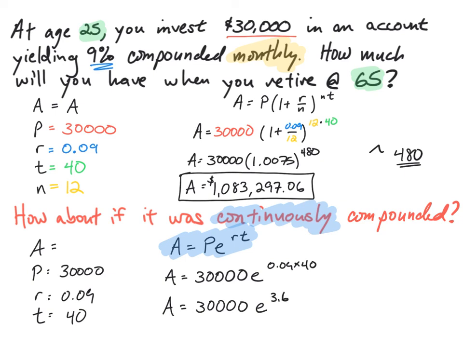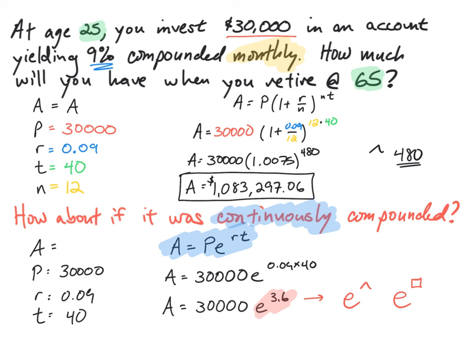3.6 power. If you want to figure this part out on a calculator, you need to look for a button that says E with a little caret after it, or it might look like E with a little box up here. You may have to hit a second or a shift button to access that.